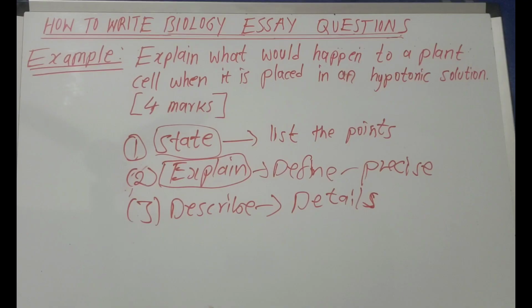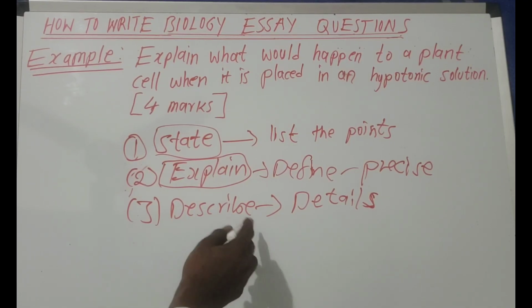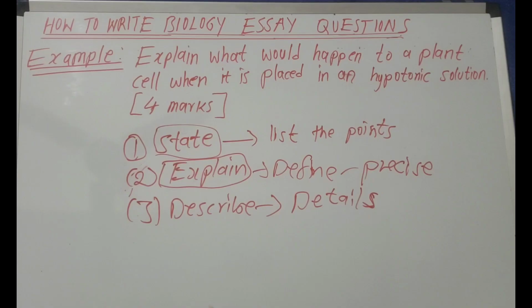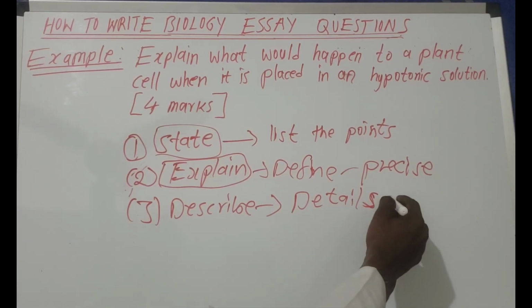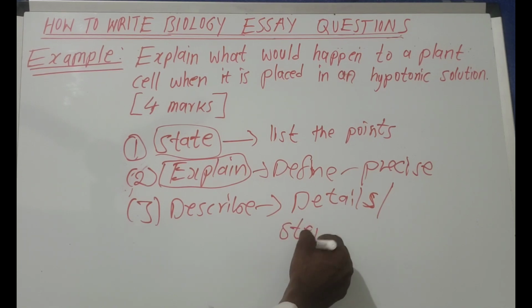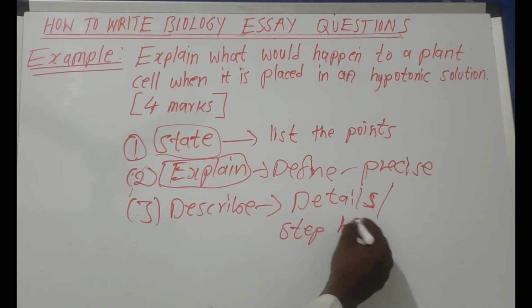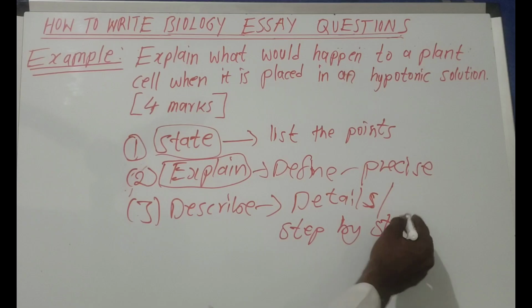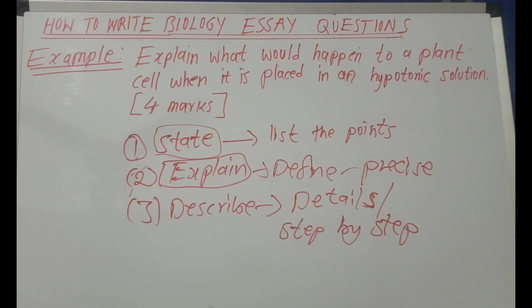What happens during transpiration? So for descriptive questions, when they tell you to describe, you give out full details and explain step by step. That is the descriptive type of question.